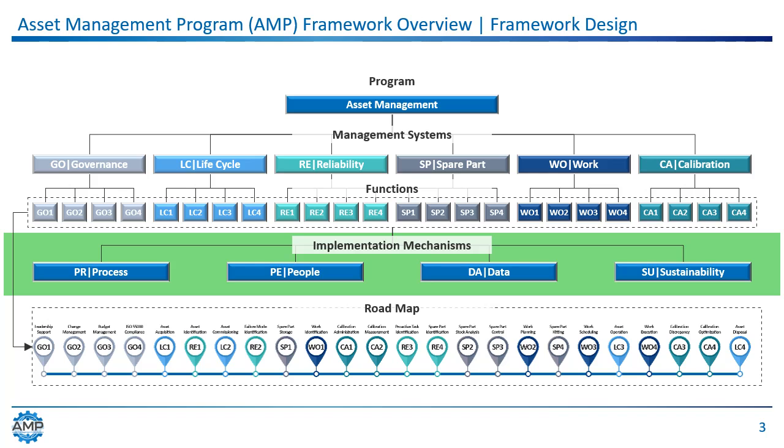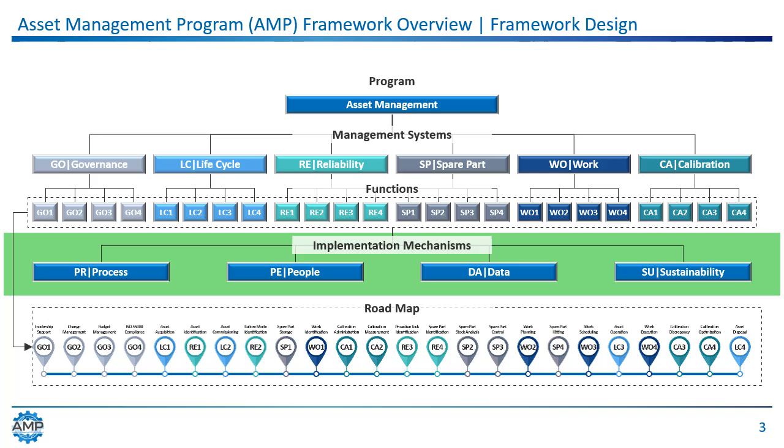There are 4 processes associated with each function, the people, the data, and sustainability necessary to execute and preserve the functions. And you'll notice I said there were 4 processes associated with each function, 24 functions in the program, so there's 96 processes that make up the entire asset management program.